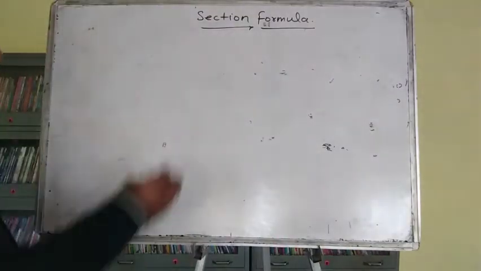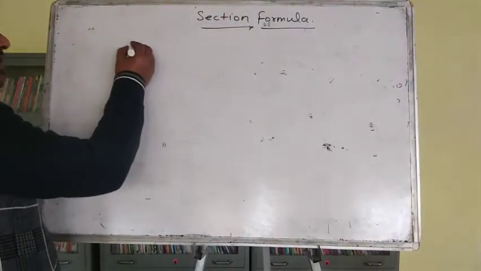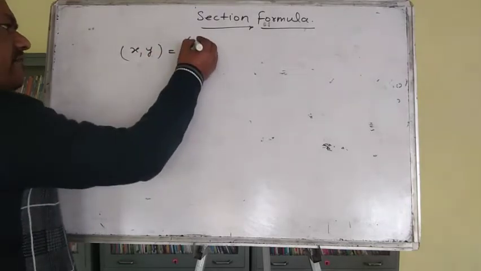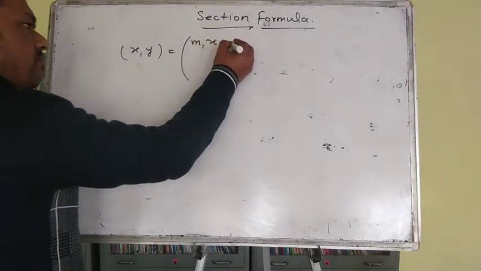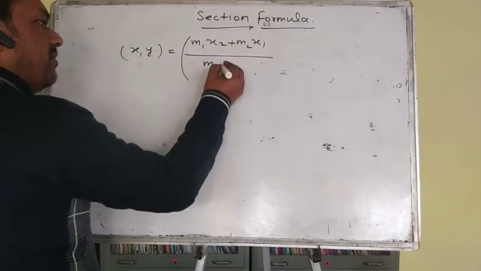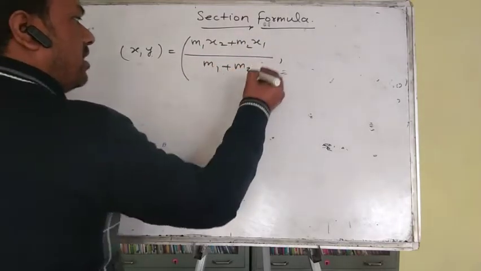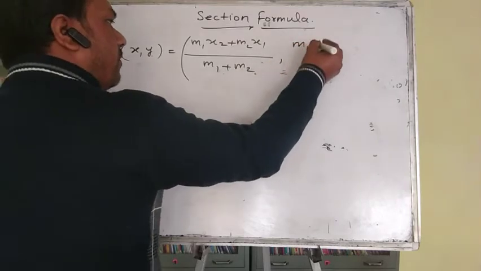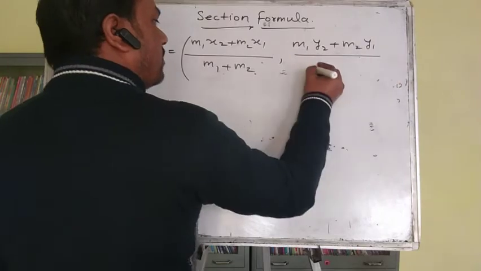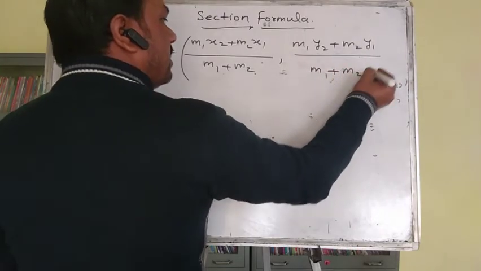First, the section formula: x comma y is equal to (m1 x2 plus m2 x1) whole upon (m1 plus m2), comma (m1 y2 plus m2 y1) upon (m1 plus m2).